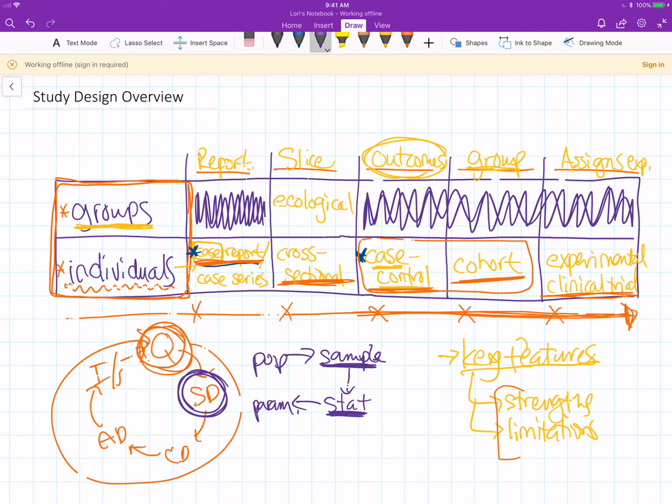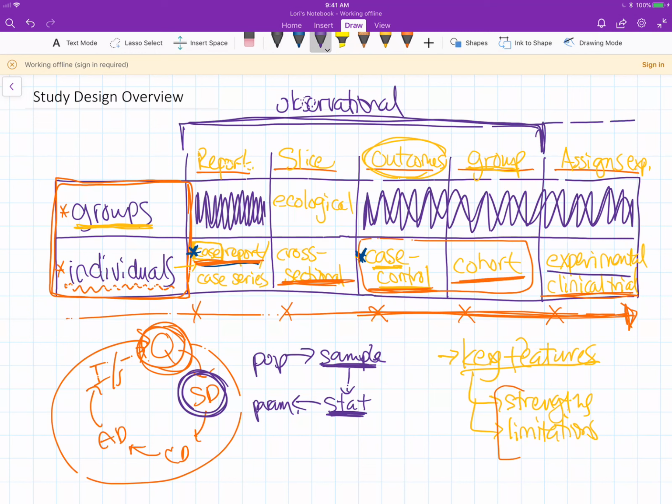The other thing that I like to point out is that this also lends itself to two other things. First of all, the things over here in these first four columns, these are considered observational. And what that word observational means is I'm observing what happens when people have free will and they are just going about their life. Whereas experimental, I'll put that up here, EXP.